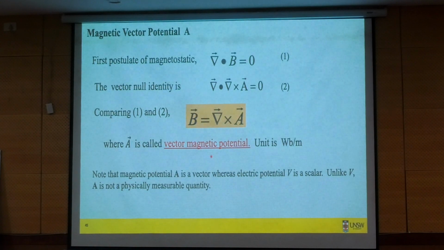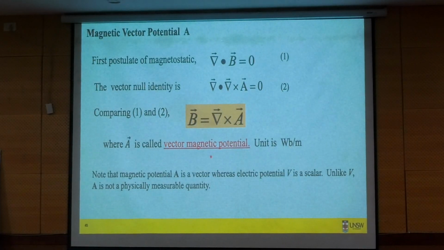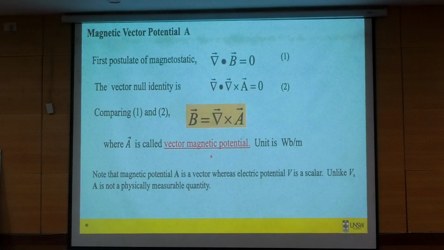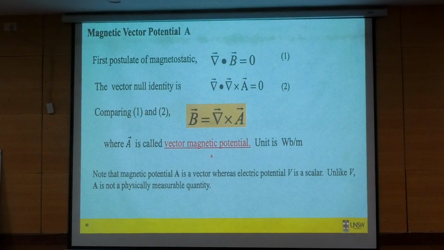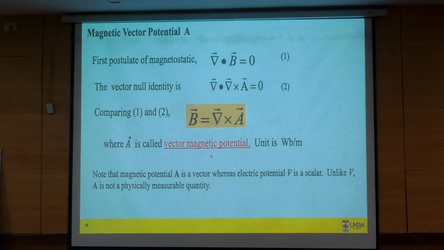We should remember that magnetic vector potential is unlike electric potential. Electric potential you can measure, which is your voltage, right? But magnetic potential we cannot measure. It's actually a mathematical term; it doesn't physically exist. But it helps us solve for magnetic flux density and develop a differential equation for calculations such as finite element analysis.